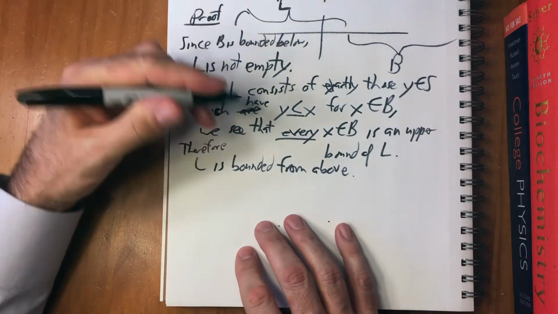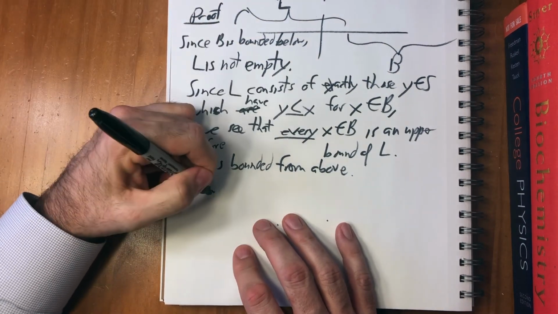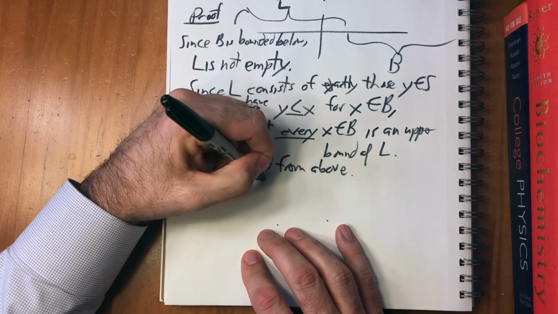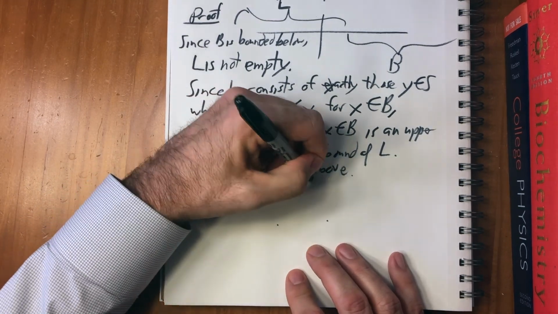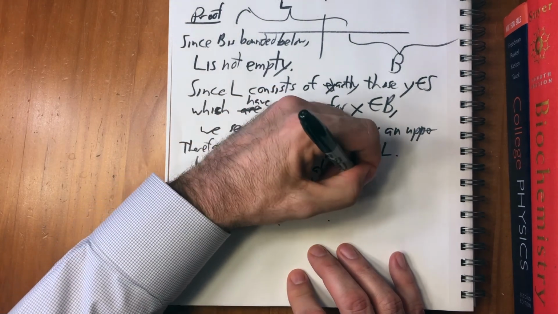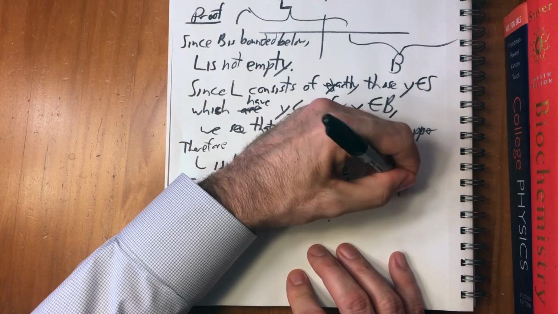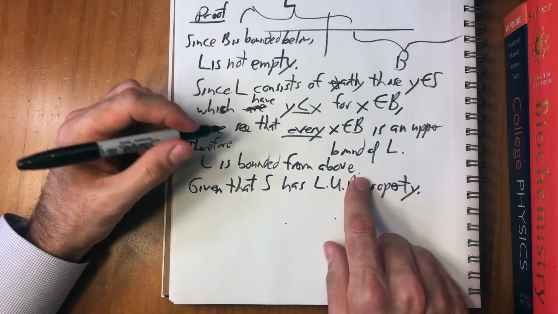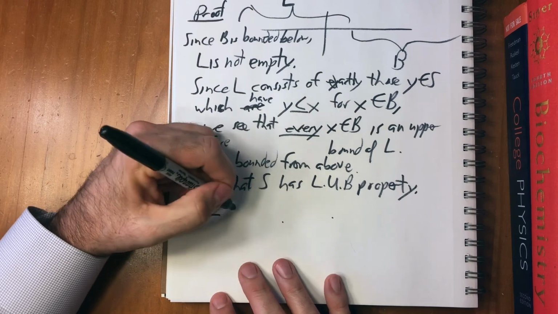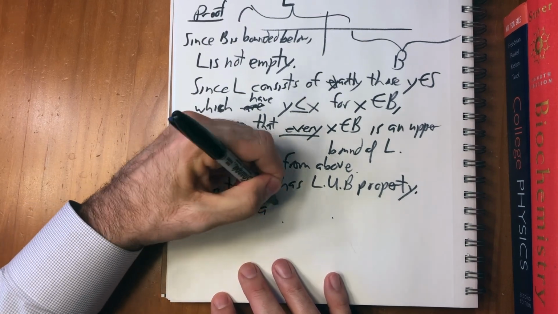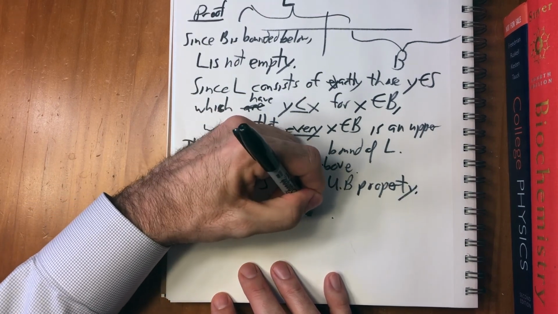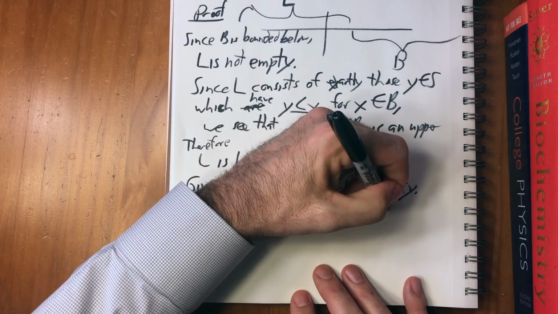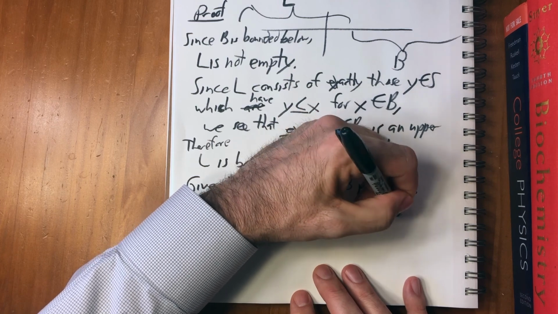So given that S has the least upper bound property, since L is bounded from above, L has a supremum, which we will call alpha.